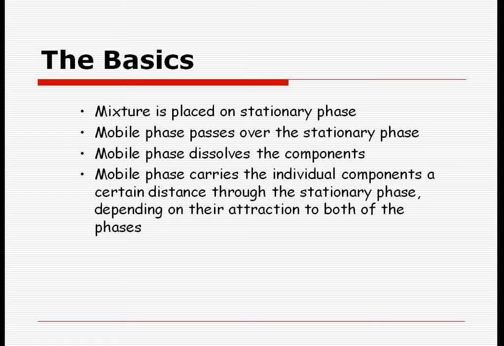The mixture is placed on the stationary phase, and the mobile phase passes over the stationary phase. The mobile phase dissolves the components and carries the individual components a certain distance through the stationary phase, depending on their attraction to both of the phases.